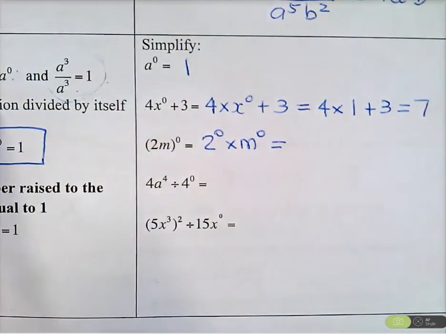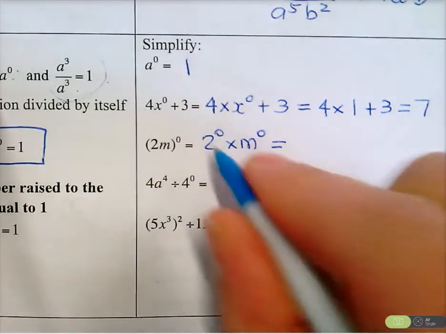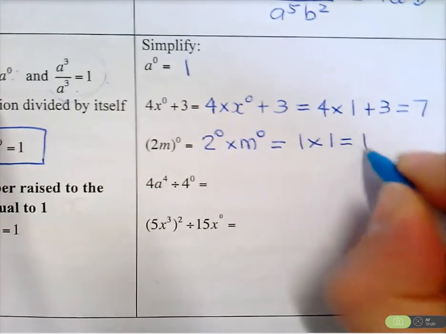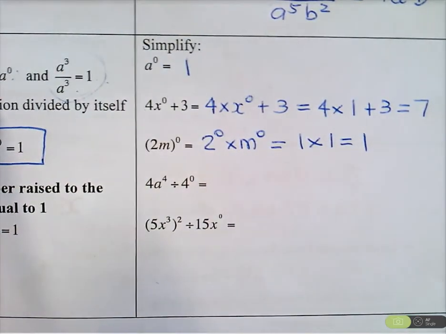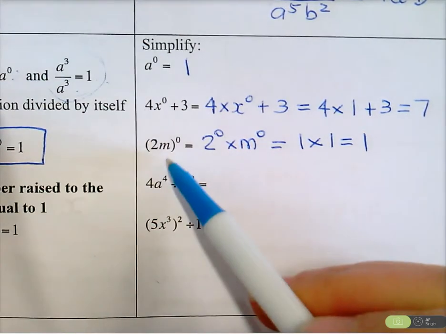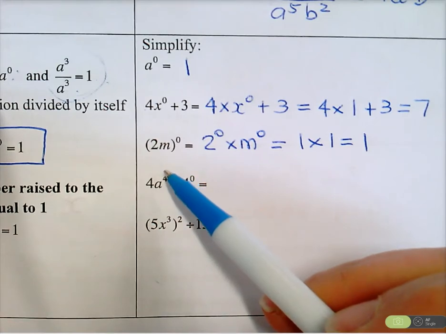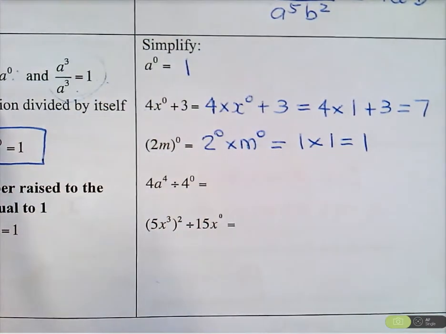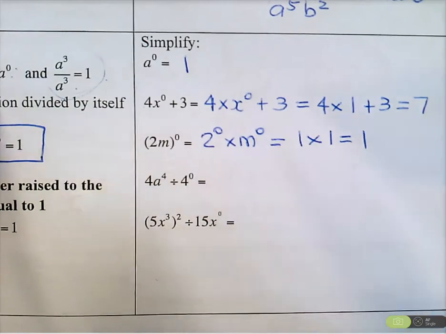But all of it is to the power of 0. If m is 5, 2 times 5 is 10, and 10 to the power of 0 is 1. If m is 3, the m is a pronumeral which just stands in place for a number. So all of that is to the power of 0. The answer is 1.